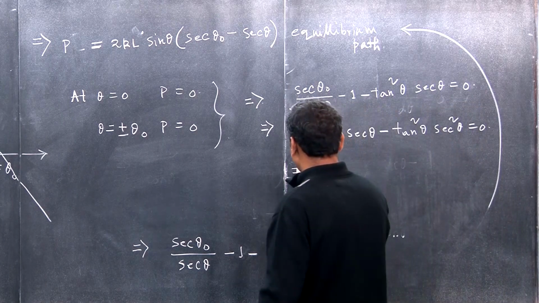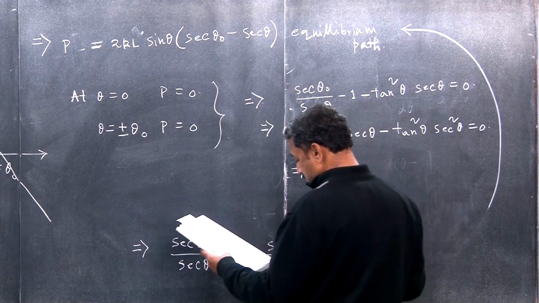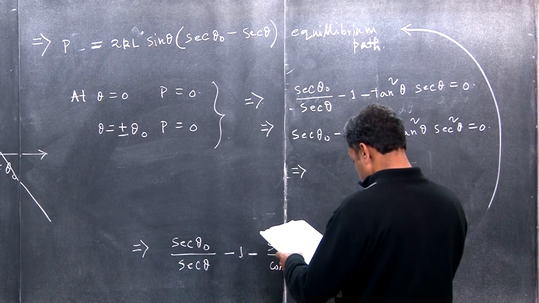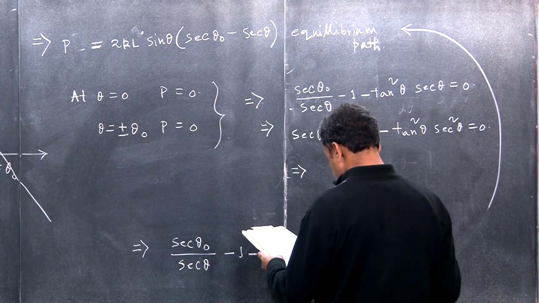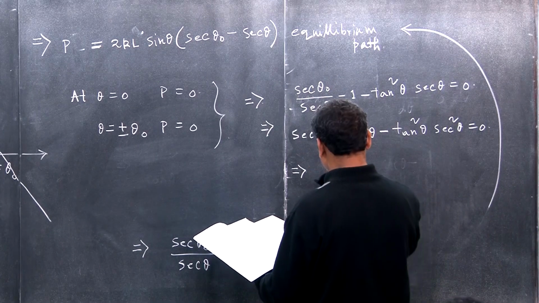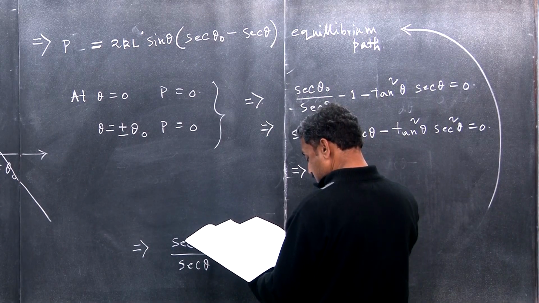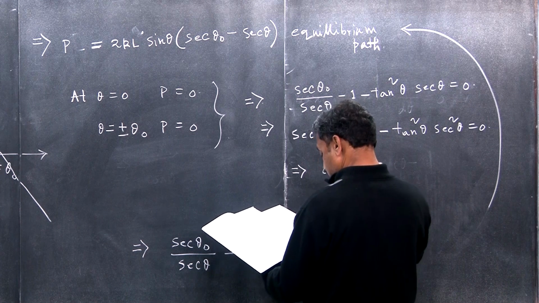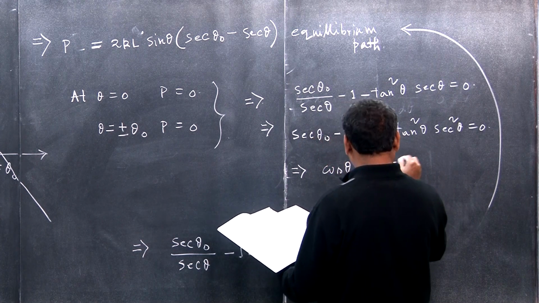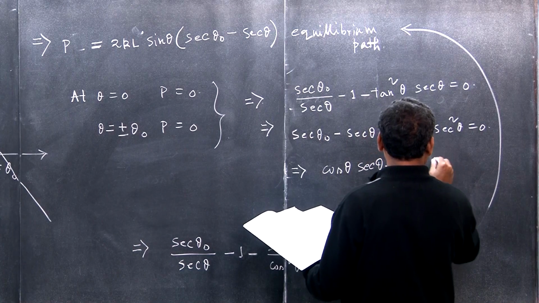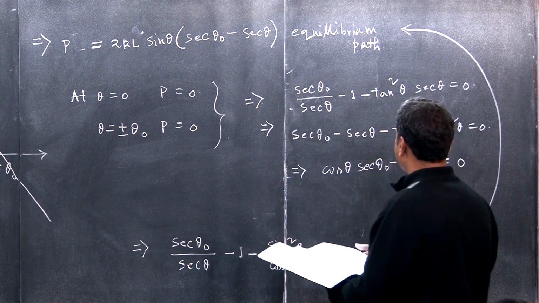Okay. So ultimately, what you are going to get is an expression where cos theta into sec theta 0 minus sec square theta is equal to 0, something like this you will get.